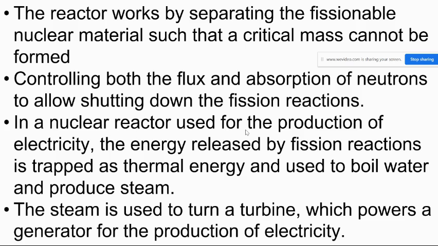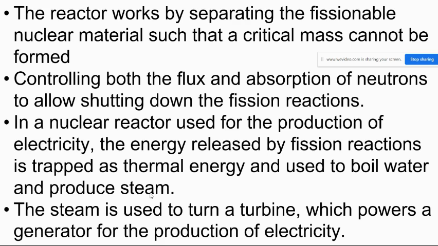In the nuclear reactor that's used for electricity, your energy that's released is trapped as thermal heat, and that's used to boil the water and produce steam. And this is exactly what our power plants do here that are coal-fired. They produce thermal energy, they boil water, that produces steam.